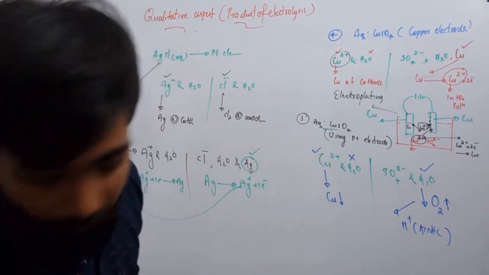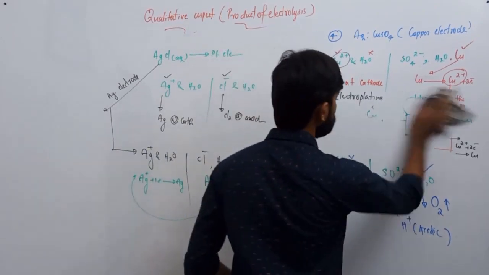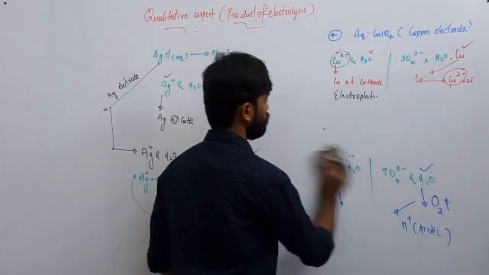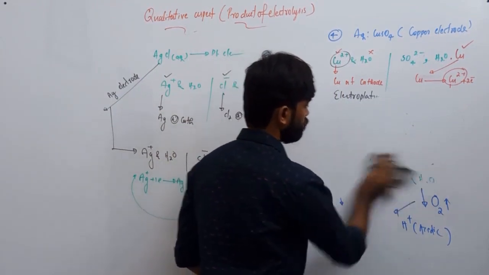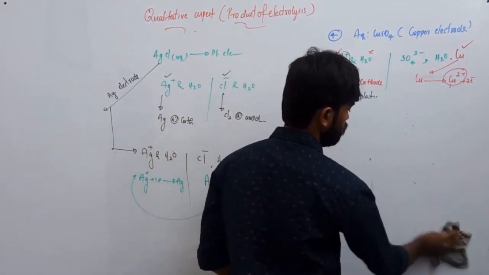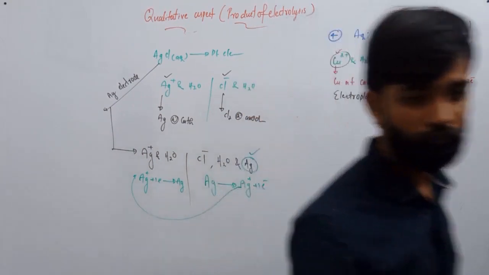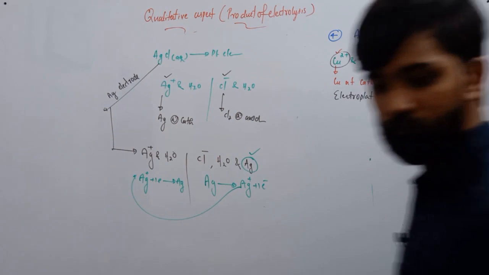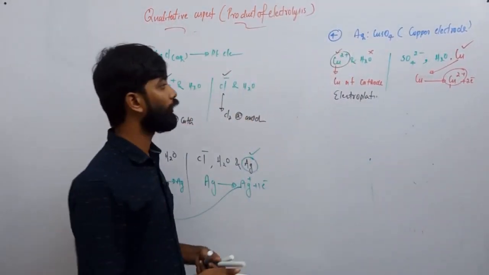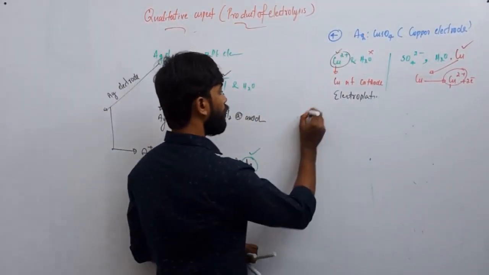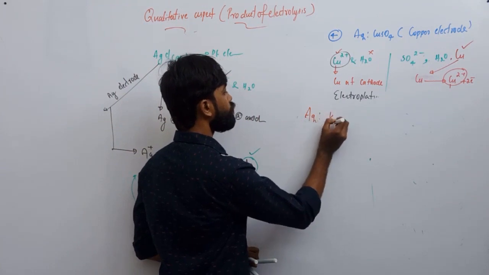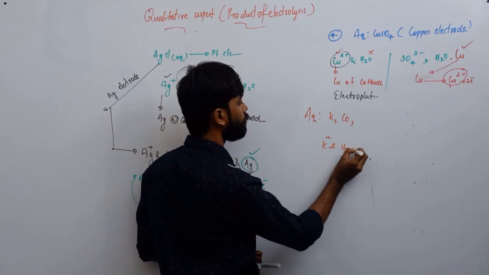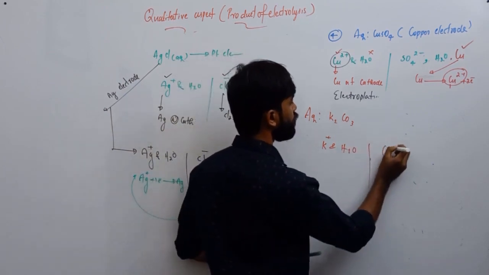Fine. Have some more examples. Aqueous K2CO3. Fine. So there is a competition between K plus and water, and CO3 2 minus and water.